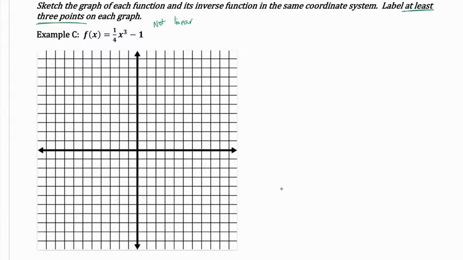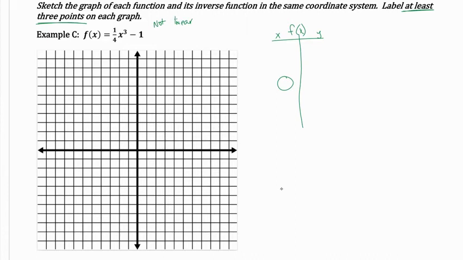So for f of x, I'm going to make a table of values here for x and y. And I'm going to try to be kind of smart about the values I pick. It said I need to label at least 3 points, right? So I noticed 0 is definitely going to be an easy one to plug in. And then maybe I should pick both a negative and a positive number to get 1 point on each side. If I pick 2, when I do 2 cubed, I'll get 8.